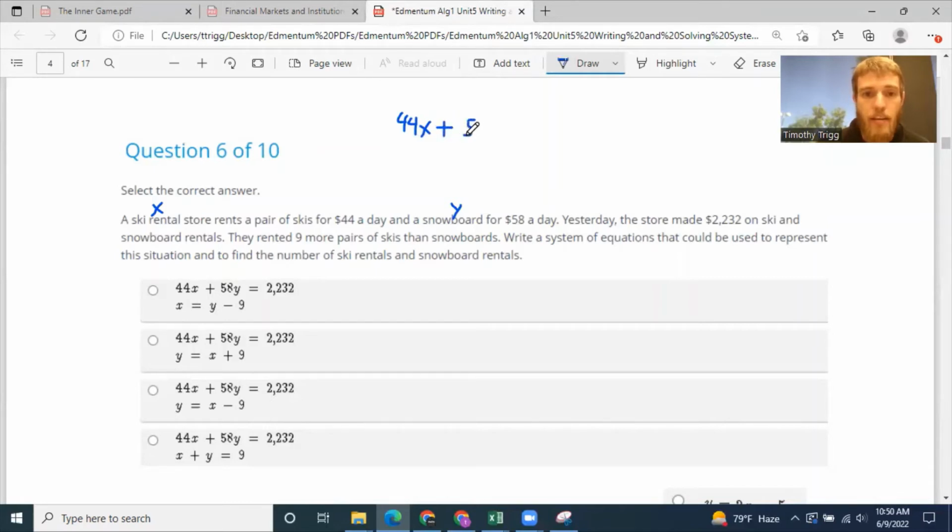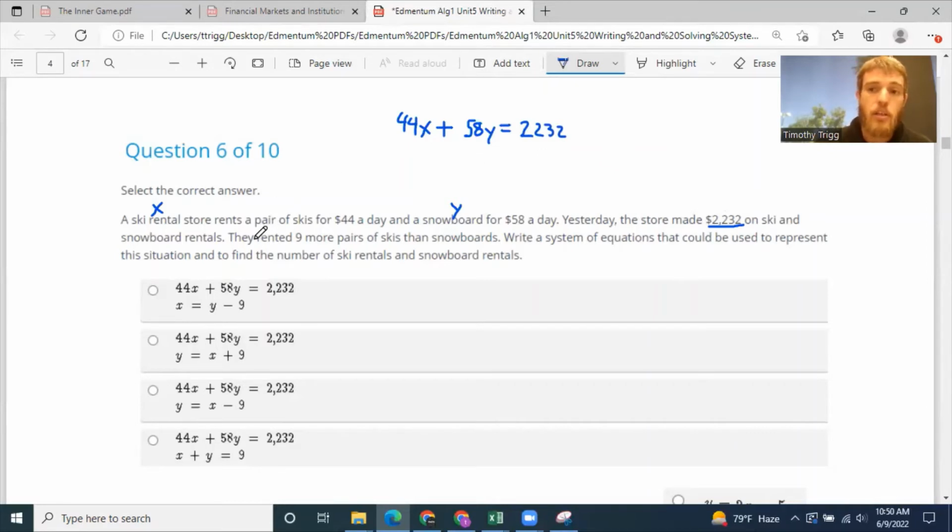Well, they get $58 for each snowboard rental, equals. Now, this will tell us the total amount of money they bring in, right? Because they bring in $44 times the number of ski rentals plus $58 times the number of snowboard rentals. That gives us the total revenue for the day. In this case, the revenue was $2,232.